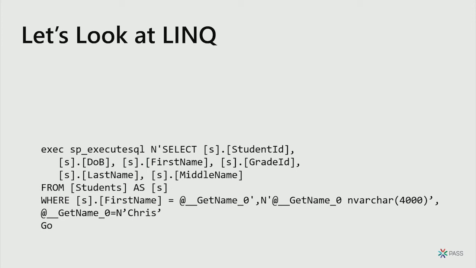I've had some feedback from somebody about the nvarchar 4000, and we'll talk about that in a few minutes. But at the end, we set that parameter and it gets sent across the wire. So that's actually what gets sent over to your SQL Server database engine. So if you've ever been curious how and why it does it, that's the reason. And we'll take a look at a couple examples.